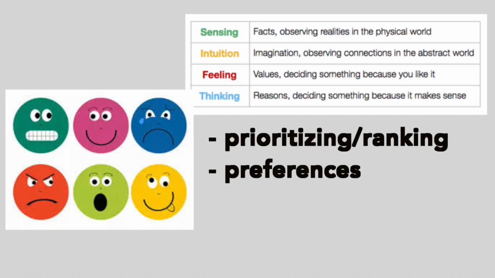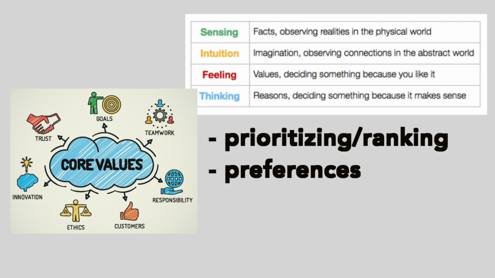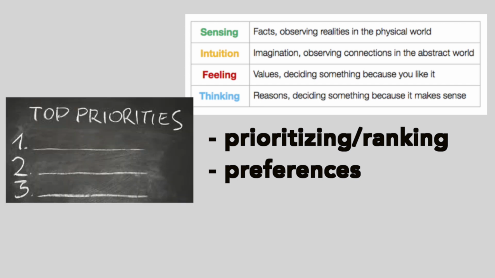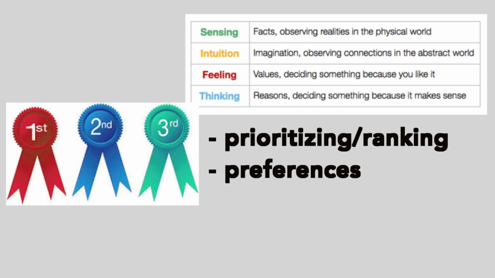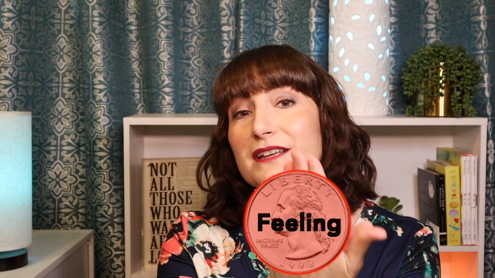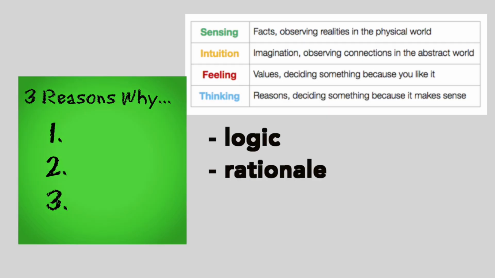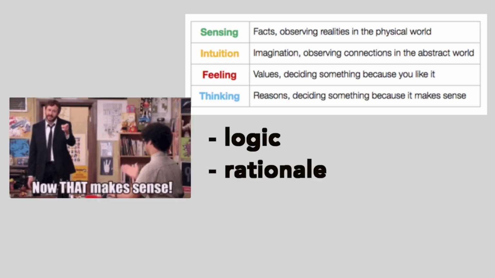For feeling, it is described as values, deciding something because you like it. It also includes priorities. It's being able to kind of rank things based on your preference for it. So if on one side we have feeling, on the other side we have thinking. Thinking is described as your reasons, deciding something because it makes sense.